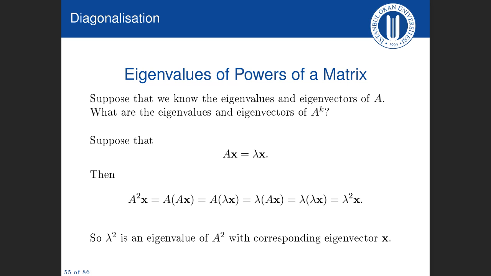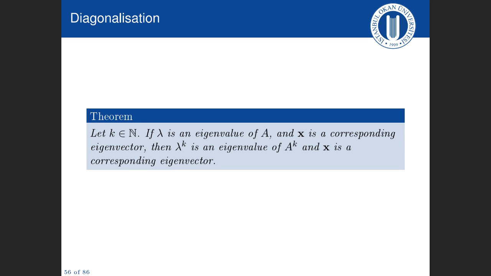That tells us that lambda squared is an eigenvalue of A squared with corresponding eigenvector x. So when we go from A to A squared, we square the eigenvalues, but the eigenvectors stay the same. And of course, that's true for any power. Let's write that as a theorem. Let k be any natural number.